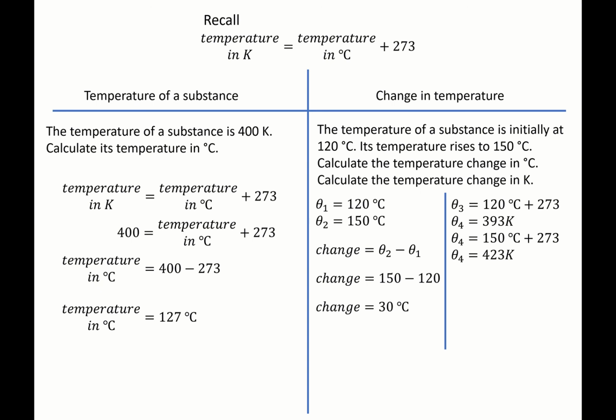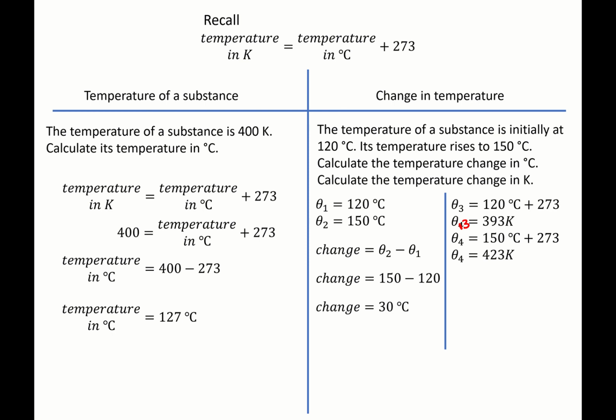Now let theta 3 be equal to 120 degrees Celsius plus 273, which will give us 393 Kelvin. Theta 4 will be equals to 150 degrees Celsius plus 273, which is now 423 Kelvin.